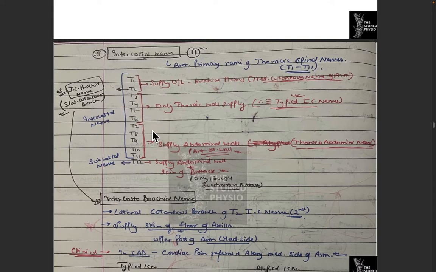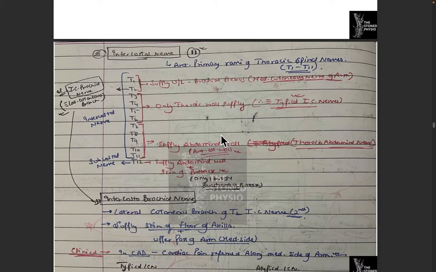But when we come below T6, T7 to T11, not T12, these are the atypical type of nerve roots. Why? Because along with the thoracic region, they also supply the abdominal region. They are not just supplying the thoracic region.